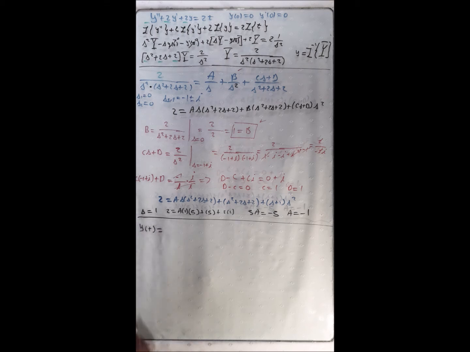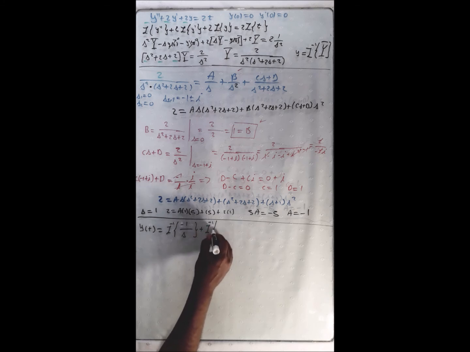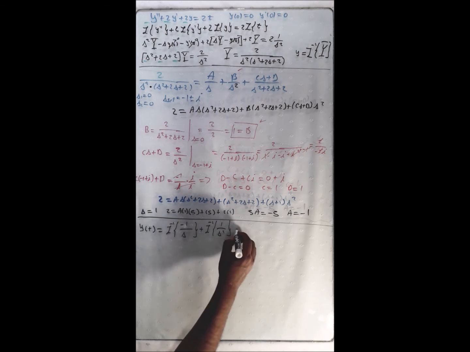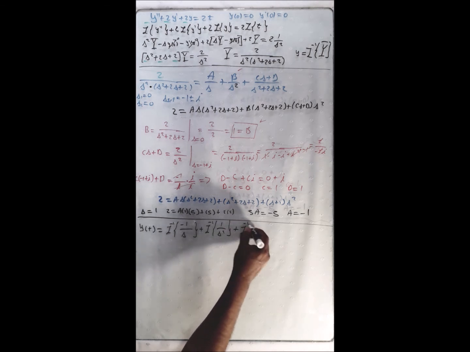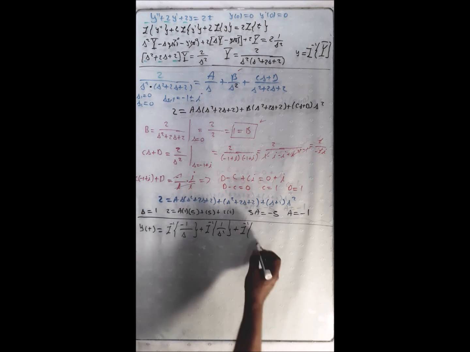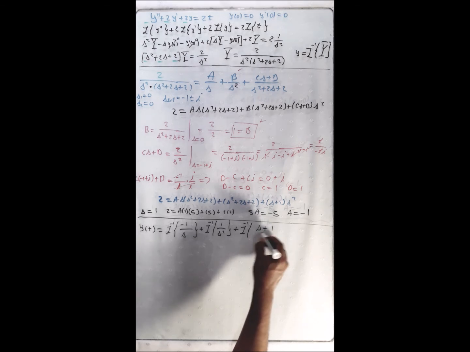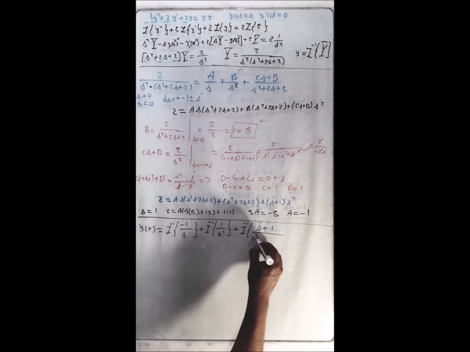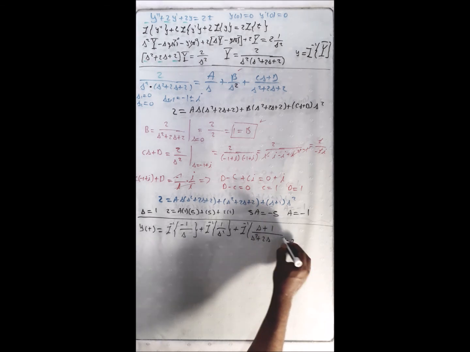With the partial fractions we are going to find y of t by taking the Laplace inverse of the partial fractions, so that means the Laplace inverse of a, minus 1 over s, plus the Laplace inverse of b over s squared, 1 over s squared, and then plus the Laplace inverse of c and d, which are 1 and 1, so it's going to be s plus 1 over s squared plus 2s plus 2.